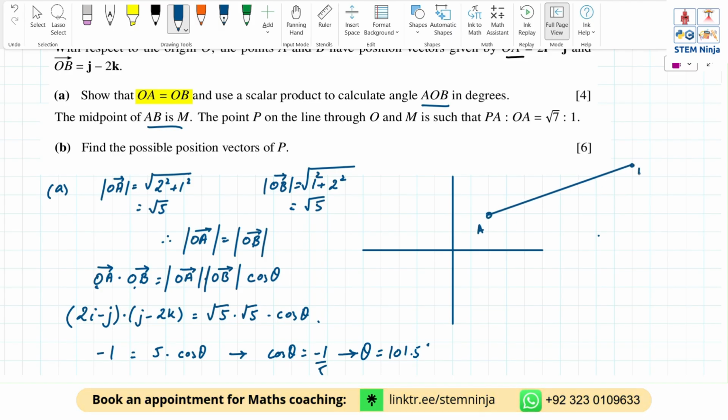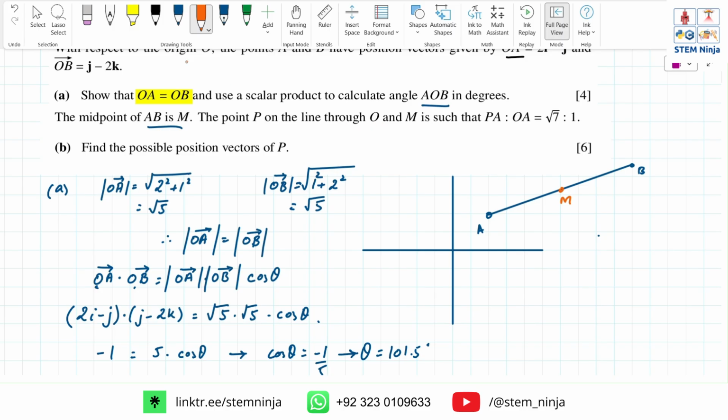This is your A, this is your B. We have a midpoint somewhere, M. There's a line through O to M and there's some point P over there such that the ratio PA to OA is root 7 to 1. Find the possible position vectors of P.